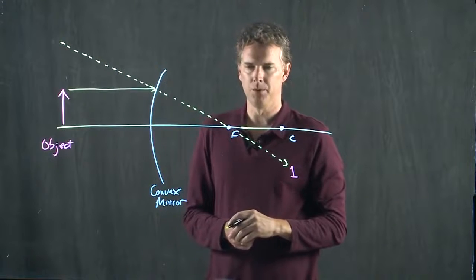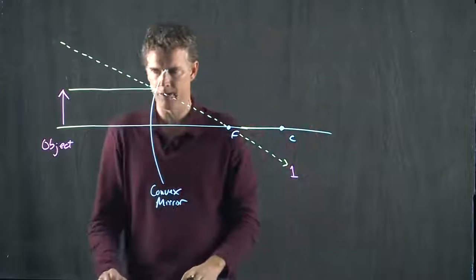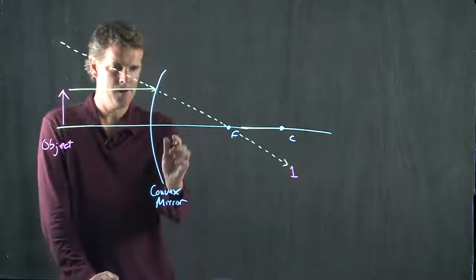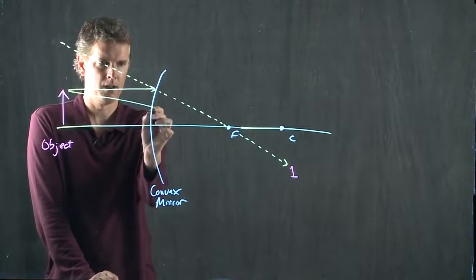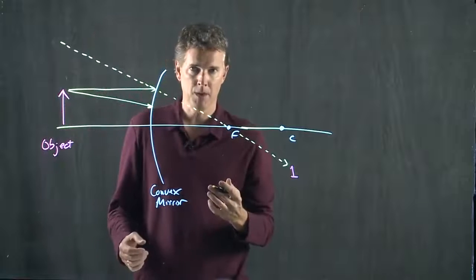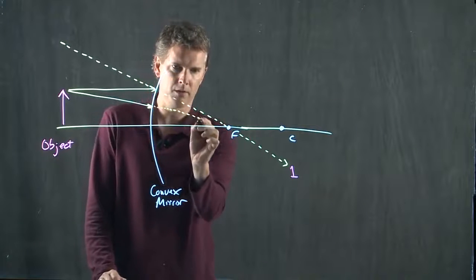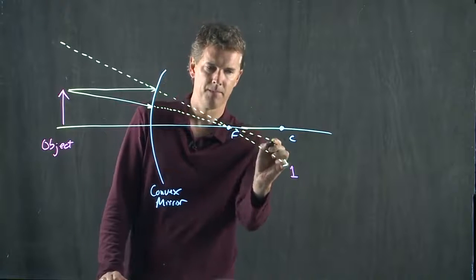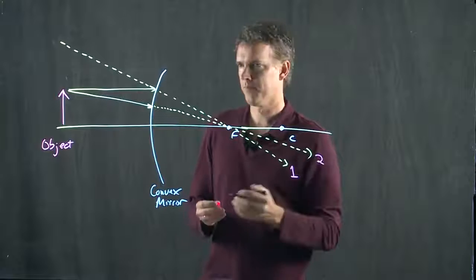What about rule number 2? Rule number 2 was rays through the focus go parallel. All right, there's the focus. How do I get to it? I go like this. I get to the mirror, and it stops becoming a real ray. It, in fact, becomes a virtual ray. And this is ray 2.